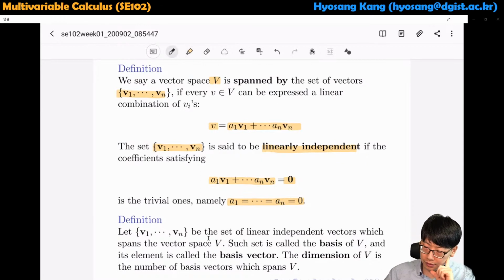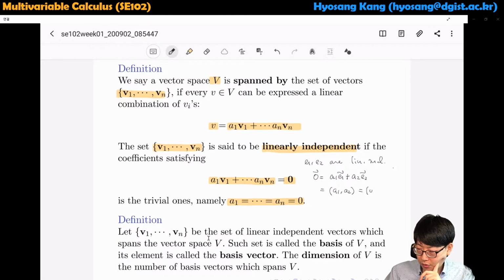So here's an example. E1, E2 are linearly independent. Why? Because if you want to make a zero vector out of a linear combination of E1 and E2 using coefficients A1 and A2, then the vector (A1, A2) must be the zero vector, which means that A1 and A2 must both be 0.